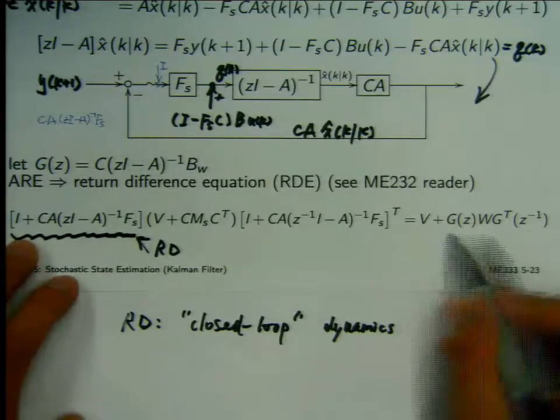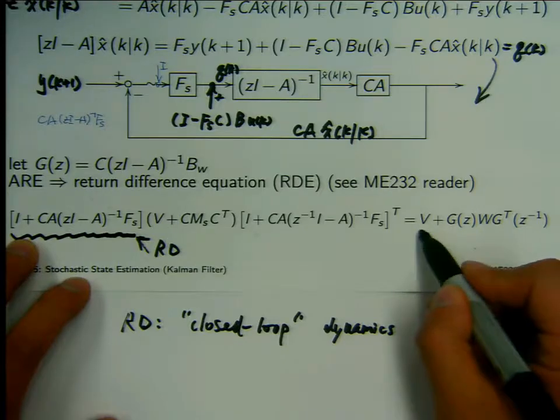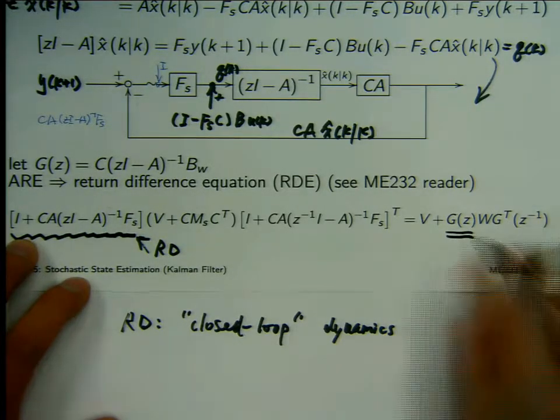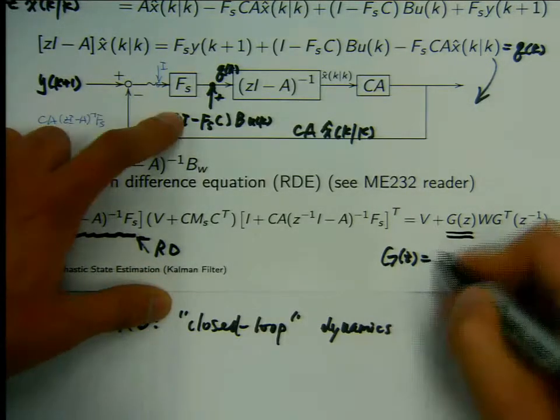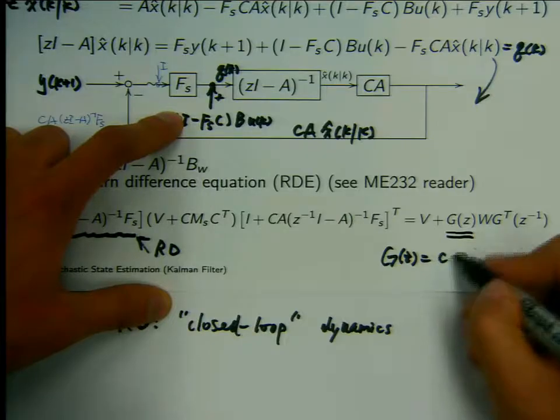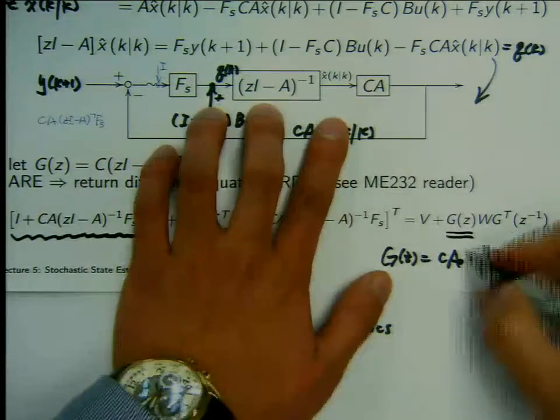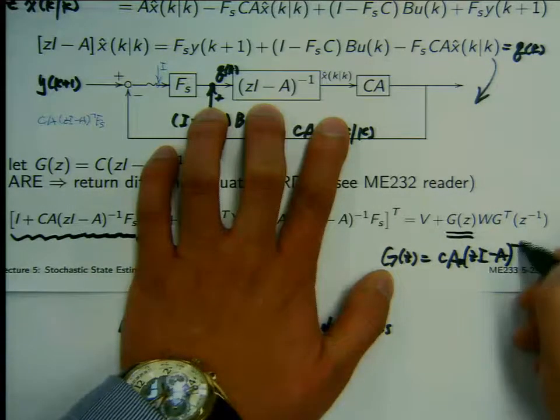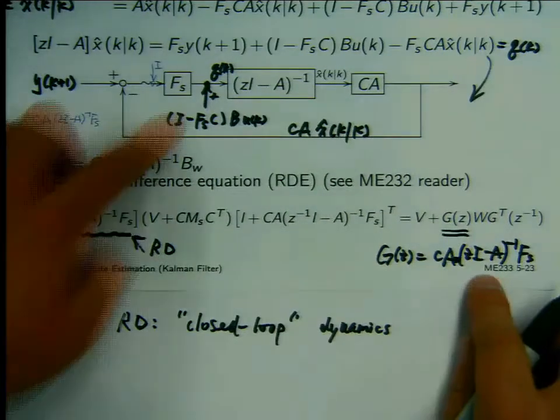And on the right-hand side, what do you see here? G is defined by G(z) equals C, where A is the open loop dynamics here, C (zI minus A) inverse F. G is defined by this.